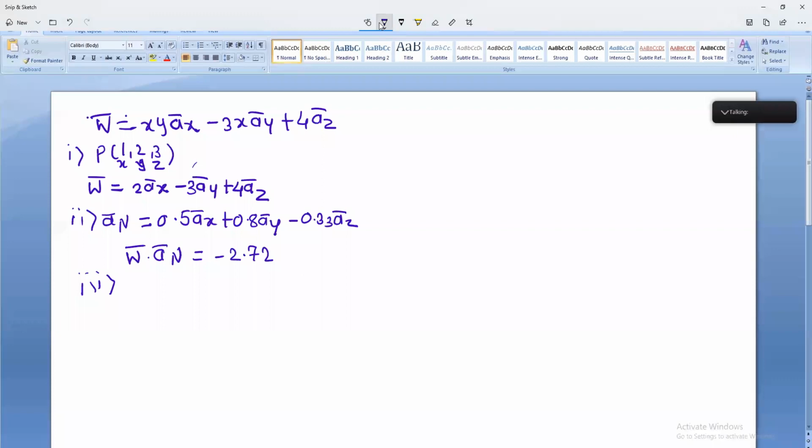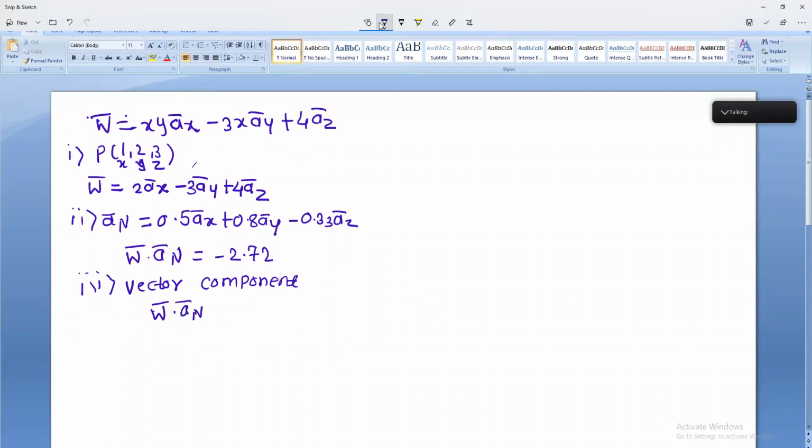Now the third question. The third was the vector component of W bar at P in the direction of a bar n. Now this is the scalar component, also called the length of projection. Now the vector component of W bar at P in the direction of a bar n.